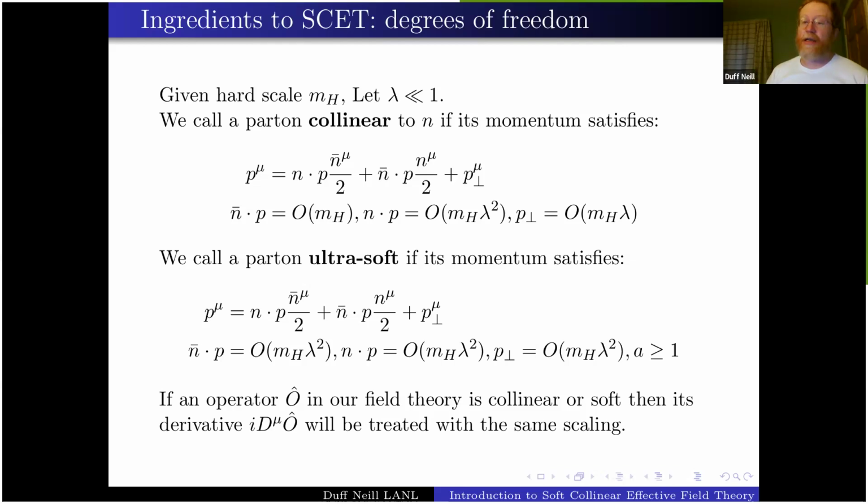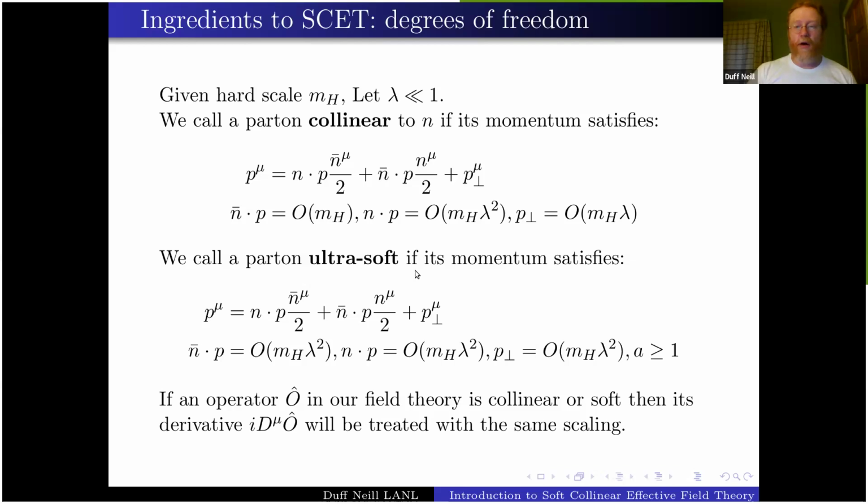And I will call a parton collinear to the direction n if its momentum satisfies a particular set of scaling relations when I break it down into these light cone coordinates. In particular, the n bar dot p component is going to be of order m. The n dot p component is going to be lambda squared suppressed relative to it, and the transverse component is going to be suppressed by order lambda relative to the largest component.